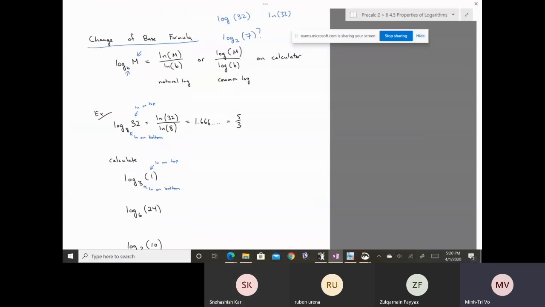Okay, so how does the change of base formula work? You just take these two things. The number that appears here goes on top, so it's natural log on top, and the number that you see here, you calculate as the natural log on the bottom.